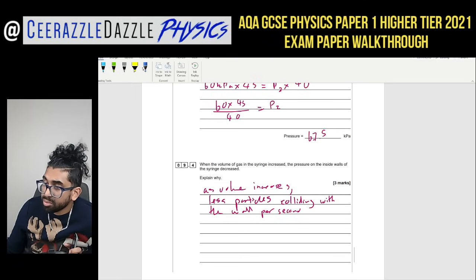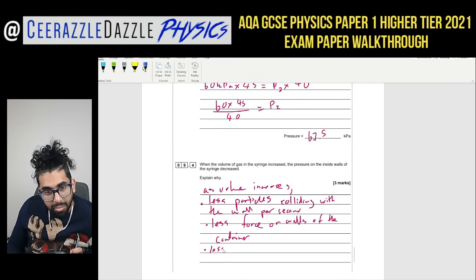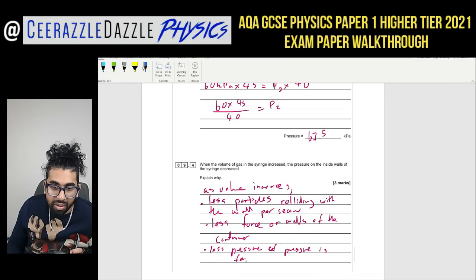So there's less force acting on the walls of the container, and therefore there's less pressure, as pressure is force per unit area.